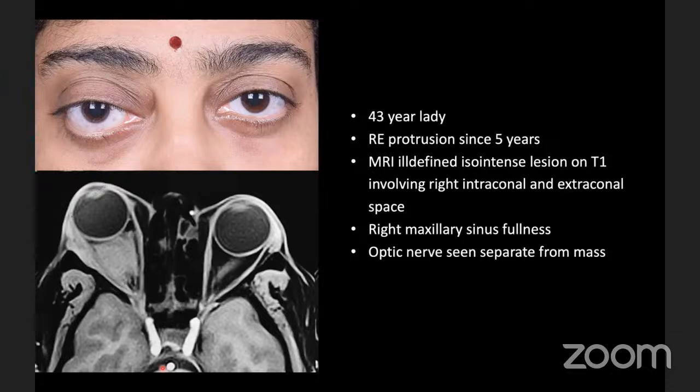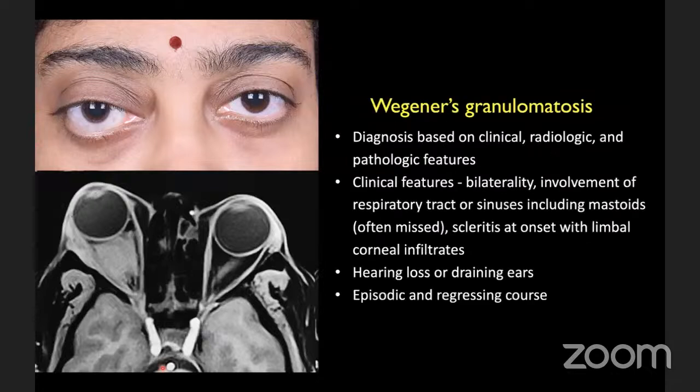And if we look closely in the coronal cuts, we could appreciate that the maxillary sinus was also full. And in those cuts itself, we could appreciate that the optic nerve was separate from the mass. So a diagnosis of Wegener's granulomatosis was made.